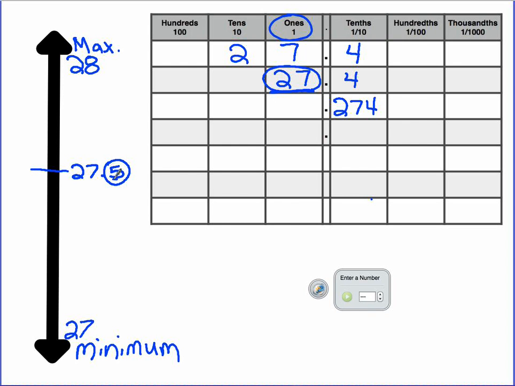So if this is 0.5 or 5/10, what do you think the number is right below that? Directly below that. What do you think the number would be right below that? 27 and 4/10?